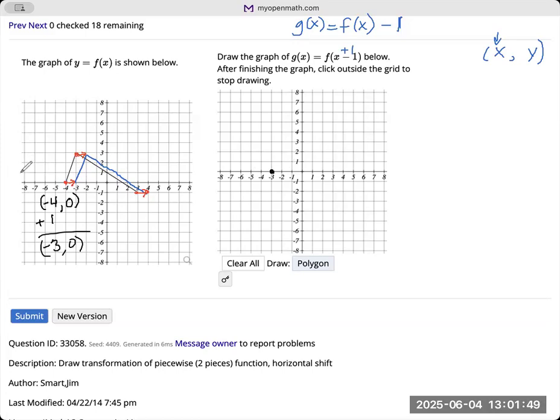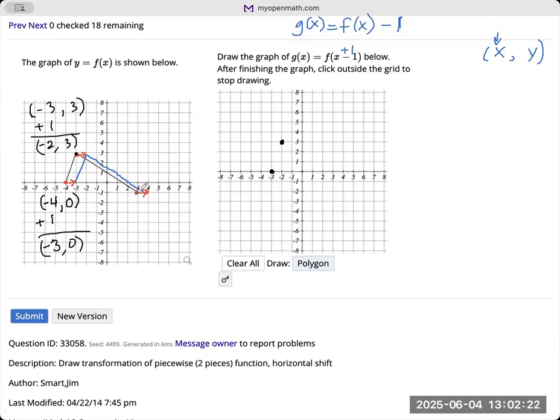Okay. Then I take this point. It was originally located at -3, 3. Now I'm going to add 1 to the x coordinate, and -3 plus 1 will be -2, 3. So that's why we're going to be at -2, 3 here.